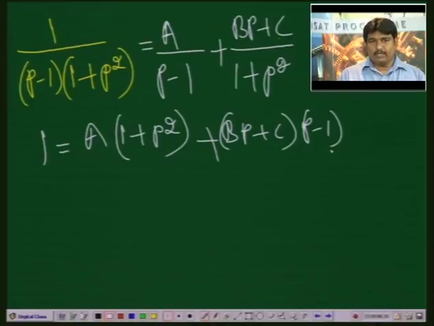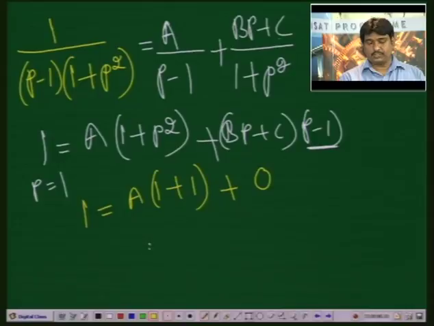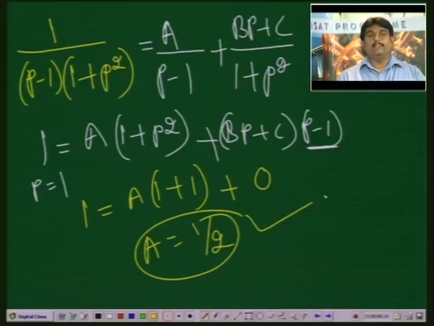You can get one value directly by equating p as 1. If you substitute p equals 1, then you get 1 equals A into 1 plus p square, which is 1 plus 1, and this part is 0, so A is 1 divided by 2. Next, we have 1 plus p square here.